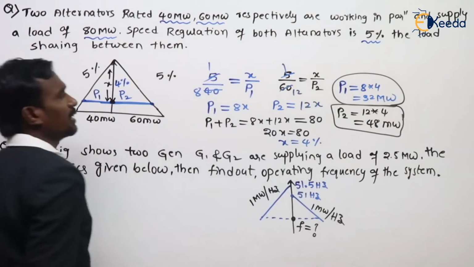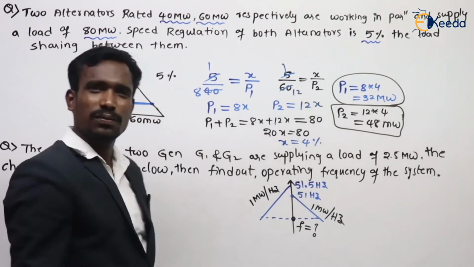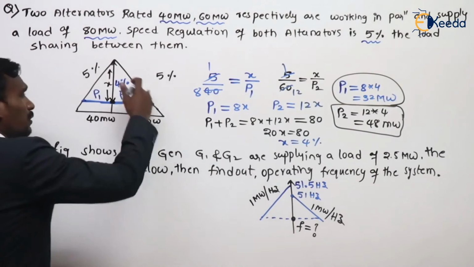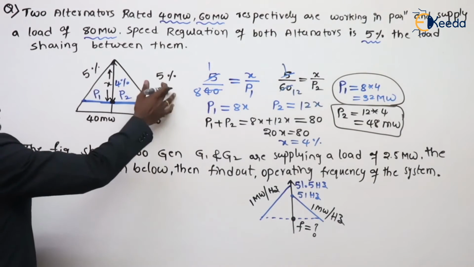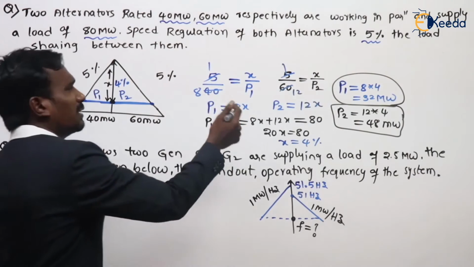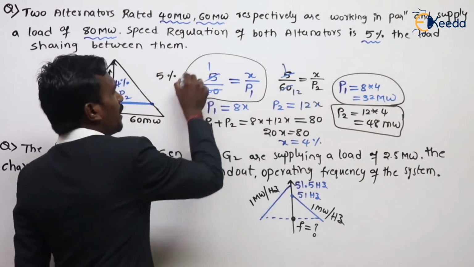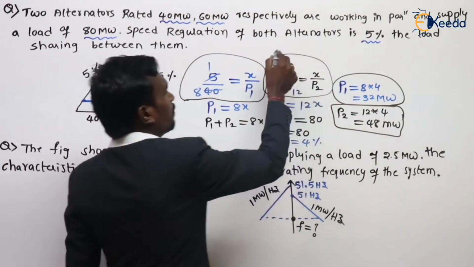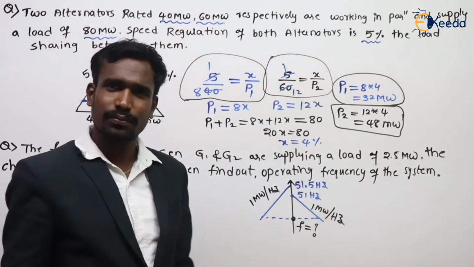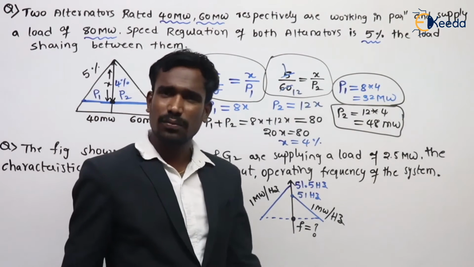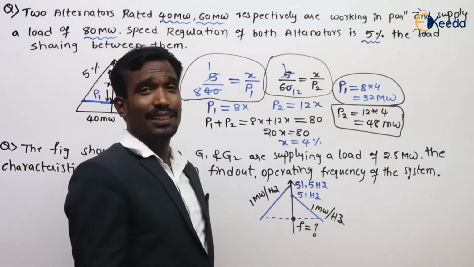This is a very easy question. Sometimes they may give you 5%, 4%, or 5%, 3%, whatever they give, we have to use the similar triangle principle. It is very simple, right? Next, see the next question.